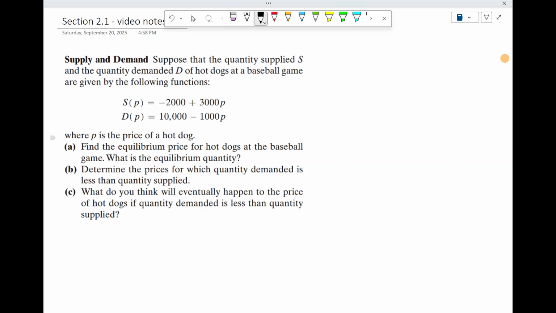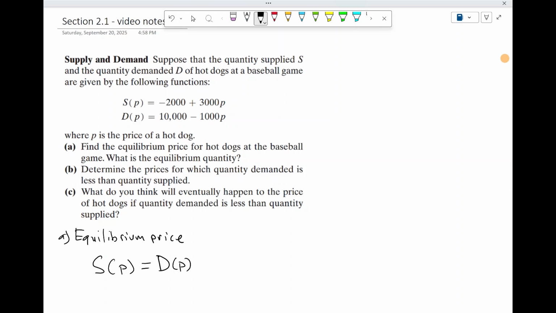So the equilibrium price will be the price at which the amount supplied, which is given by S of P, will be equal to the amount demanded.